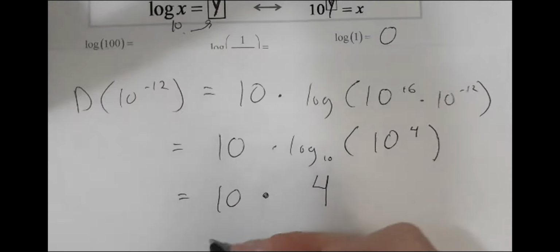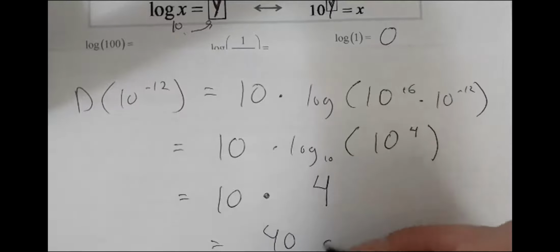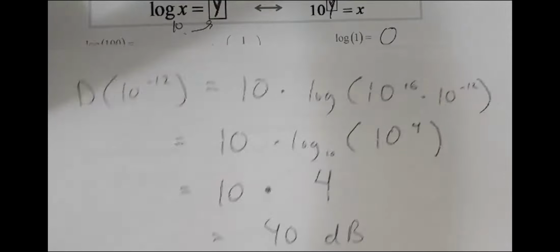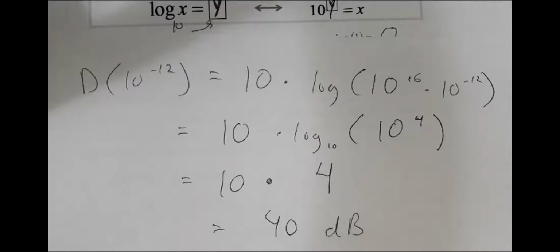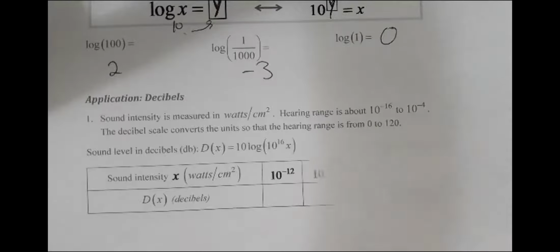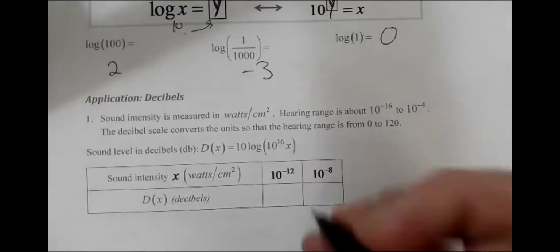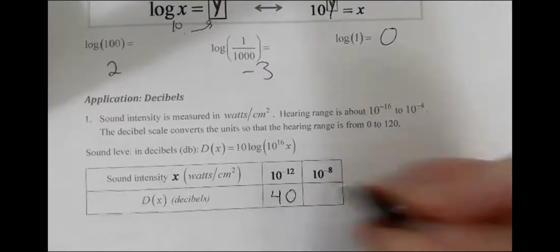And now I'm doing 10 times 4, and so this should be giving me 40. And I'm talking about decibels here. So this gives me 40 decibels.